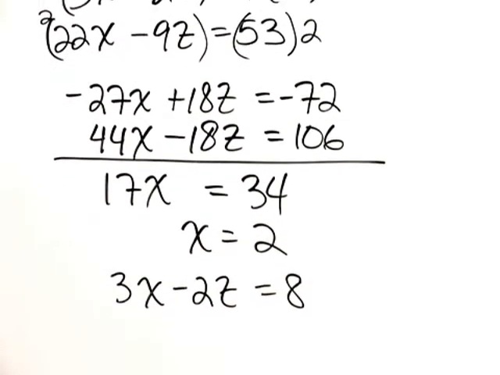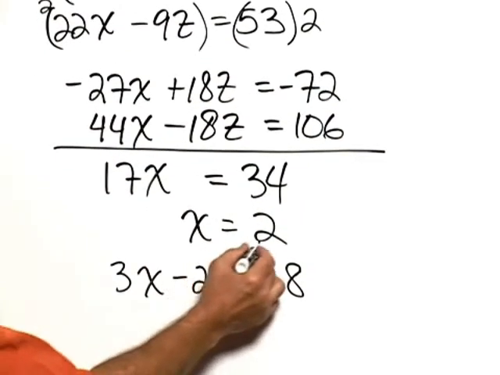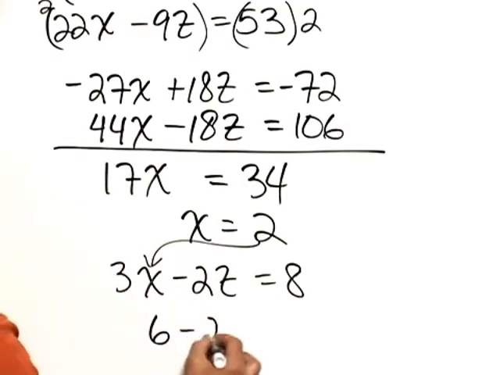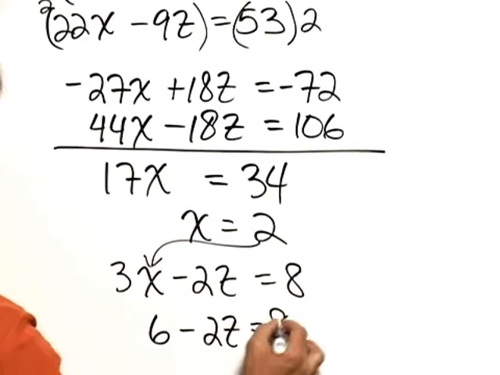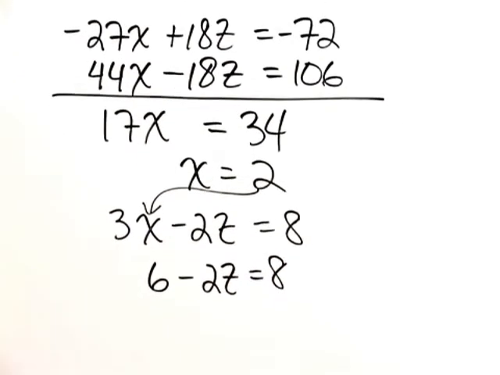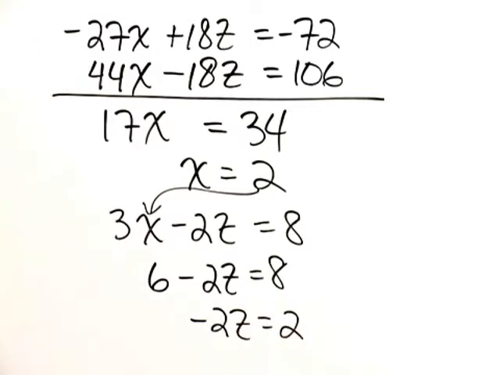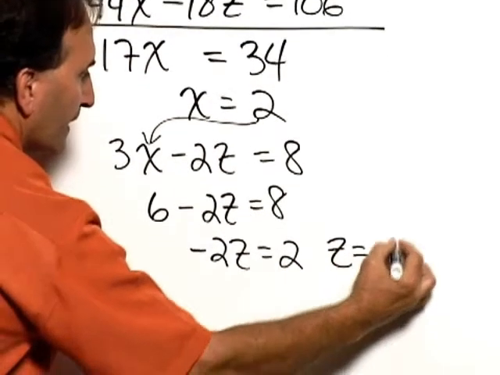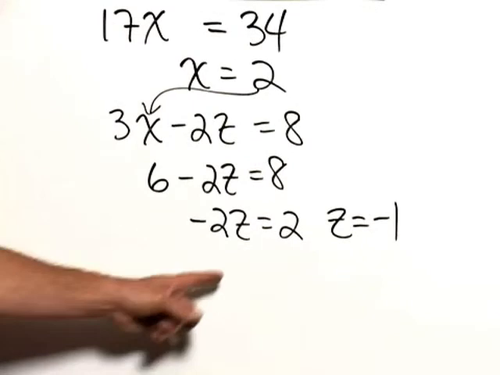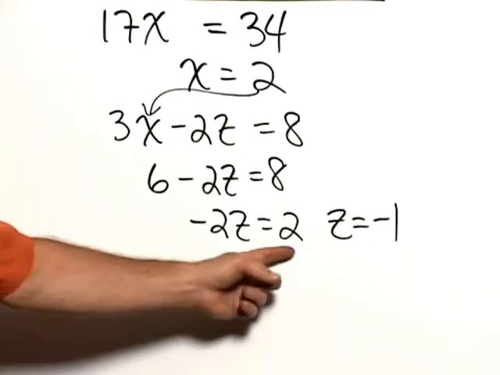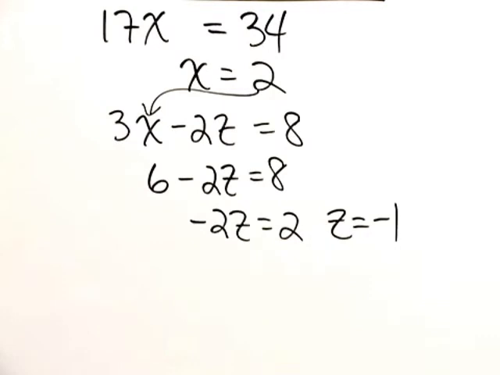So I will choose this equation, substituting 2 for x. 3 times 2 is 6, minus 2z equals 8. Subtract 6 from each side. Negative 2z equals 2, and therefore z is equal to negative 1, which we get by dividing both sides by the negative 2. 2 divided by negative 2 is negative 1.